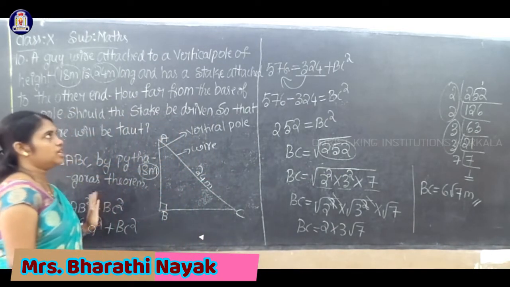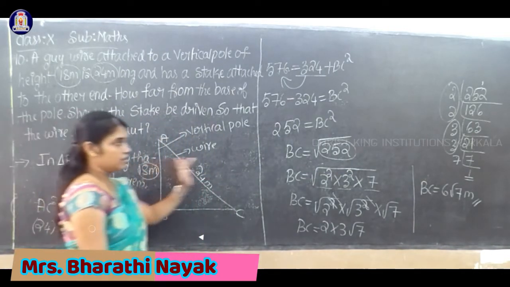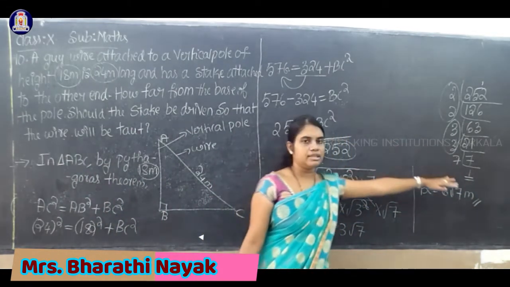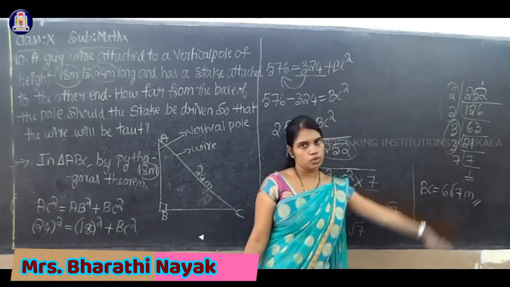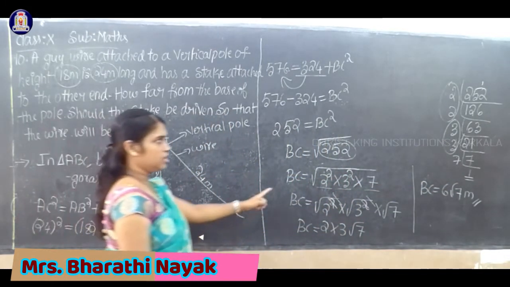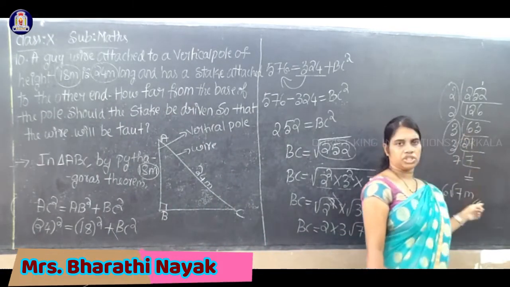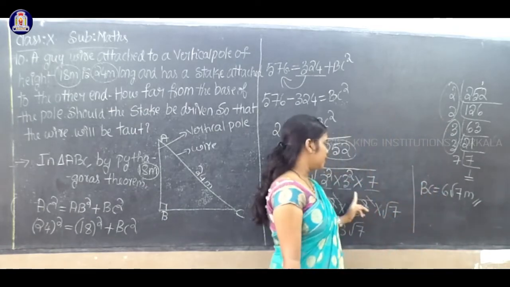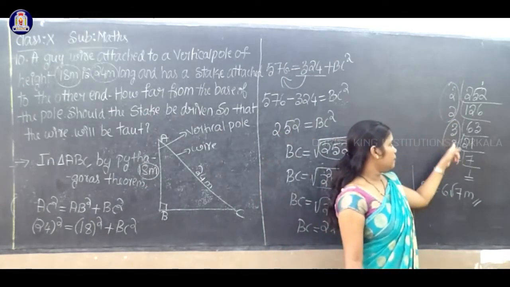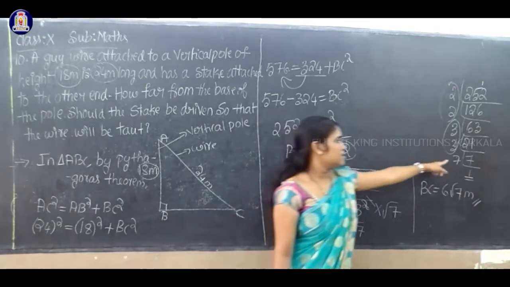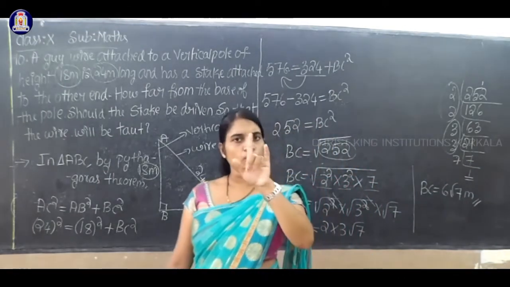In your textbook your answer will be in this form, 6 into root 7, so I will simplify it in that form only. So this is the solution. The main thing you must know is how to divide it. Here 2 repeats 2 times, so I will write 2 square. Again 3 repeats 2 times, so I will write 3 square, and 7 repeats only once, so I write only one 7.